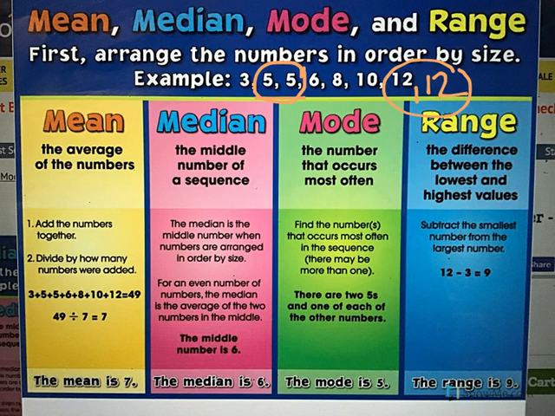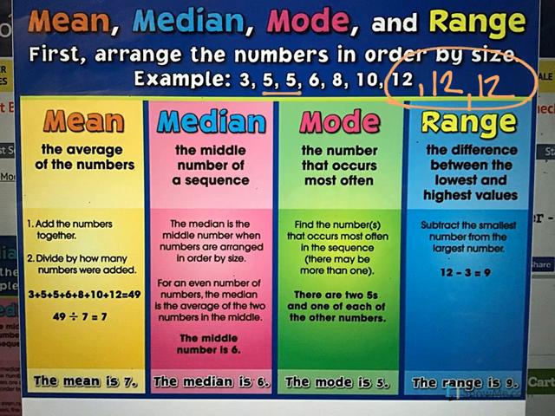Or you can have multiple modes. Again, they must all appear the same amount of times. I'm going to do one more quick example. What if I had 3 12s? Now, sure, I have 2 5s, but obviously 3 of a kind, 3 12s, is greater than 2 of a kind, 2 5s. So if we were playing cards, 12 would be my mode.